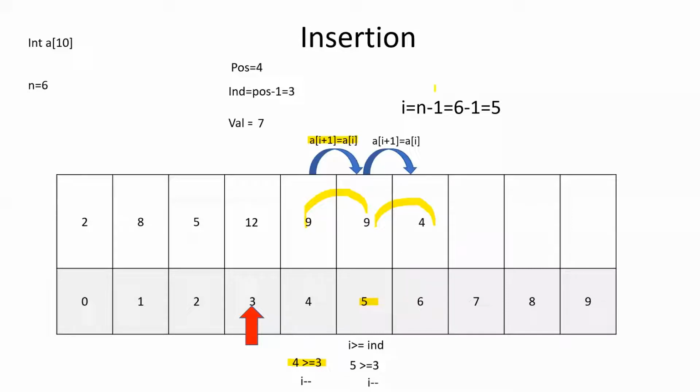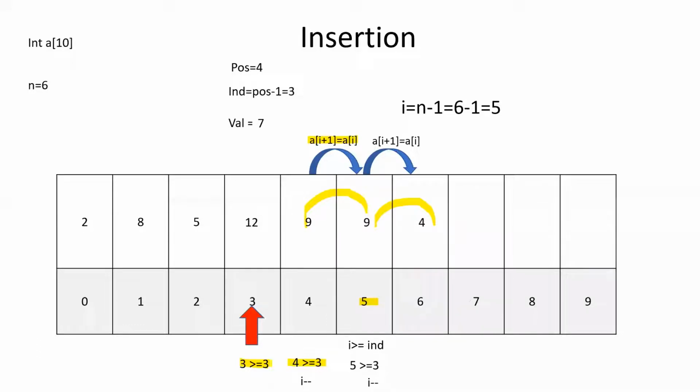I should be greater than or equal to the index, which is 3. So we are going to check now: the new value of I is 3, whether it is greater than or equal to 3. So is the condition true, Mehboob? It's true, ma'am. True.